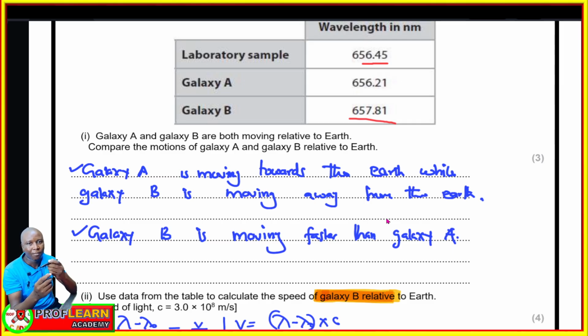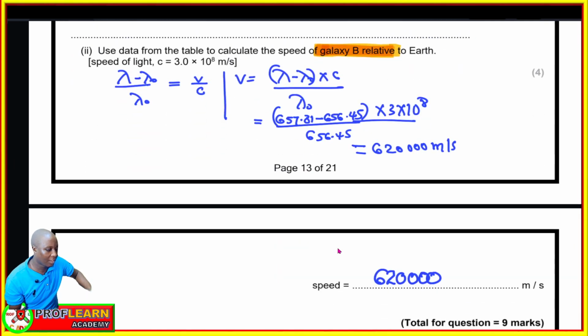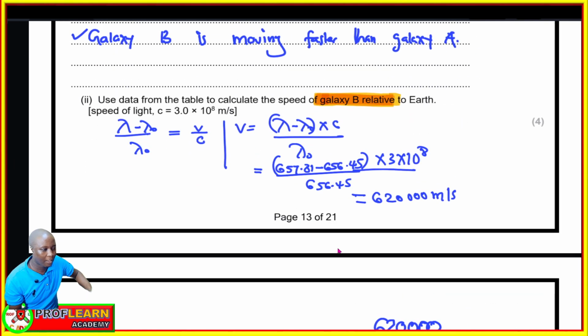When they are orbiting, one star is moving towards the Earth, so it shall show a blue shift. The other one that is moving away should have a red shift. That's why you can see the wavelength is a bit longer, and the value is larger, so meaning it's moving away faster, because the faster it moves, the larger the wavelength is. So basically that's what you are going to do in that particular question.